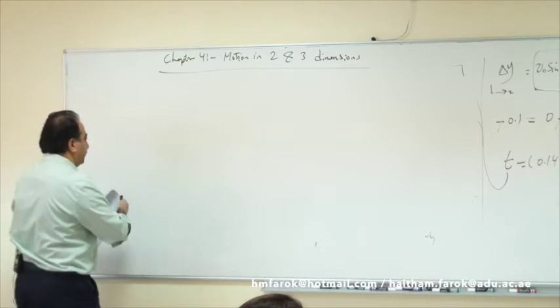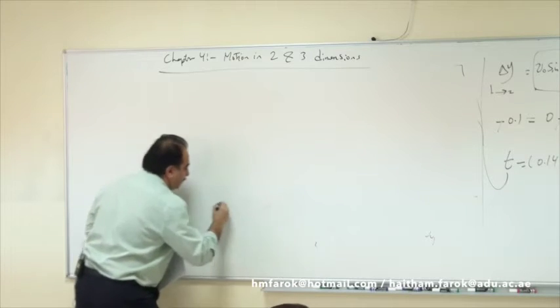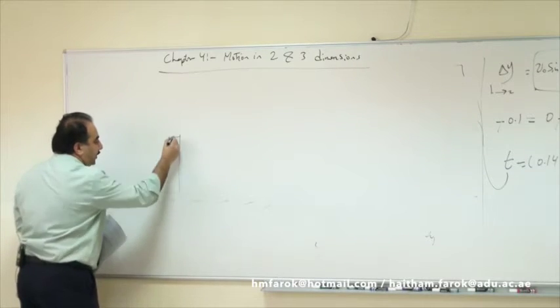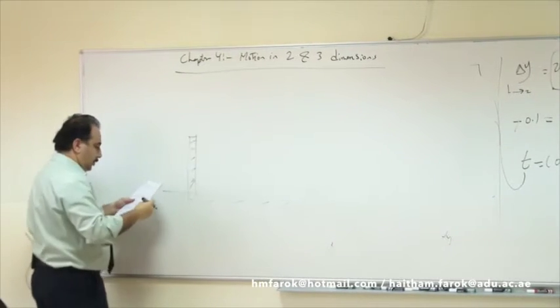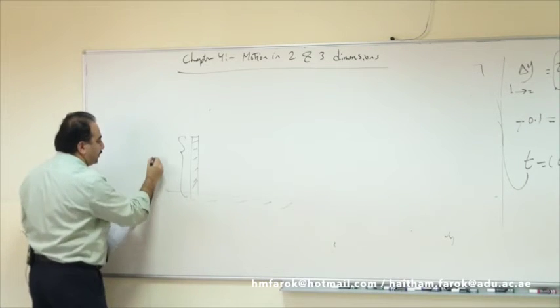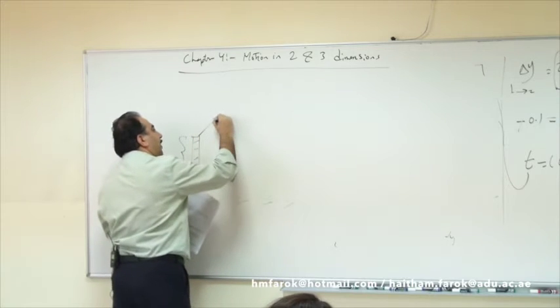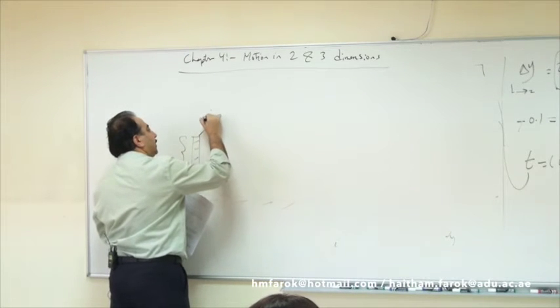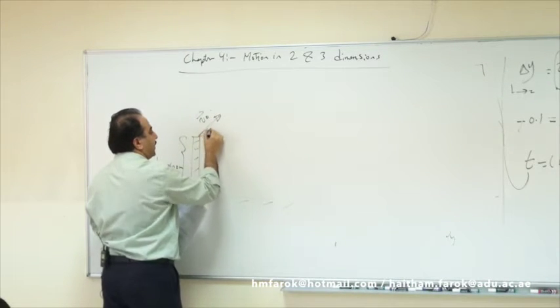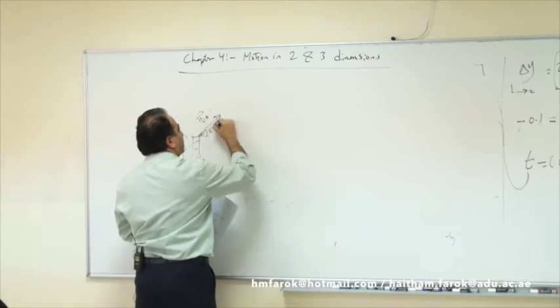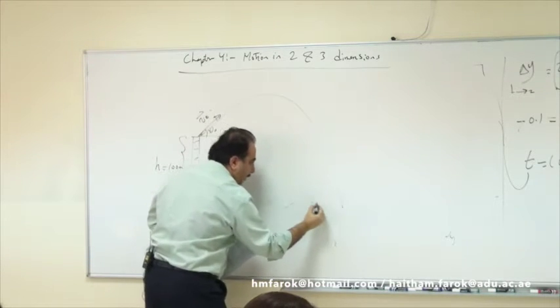So this is the diagram. This is the ground. This is the building. And the height of the building, h, 100 meters. You fire above horizon with V naught. And this is theta naught. It goes up and then back to the ground.